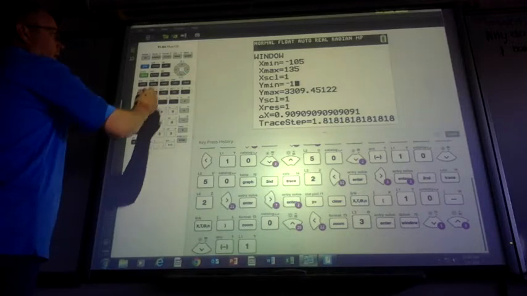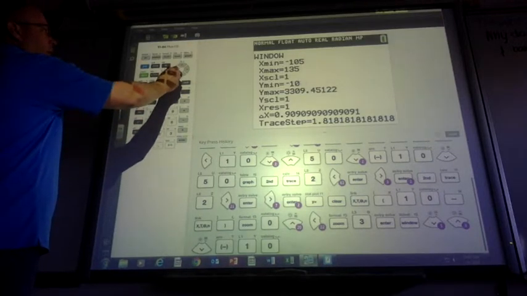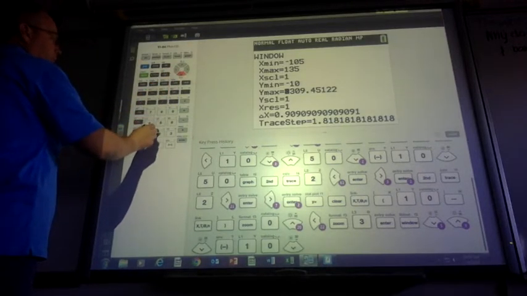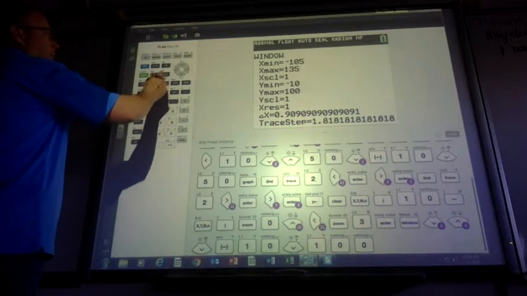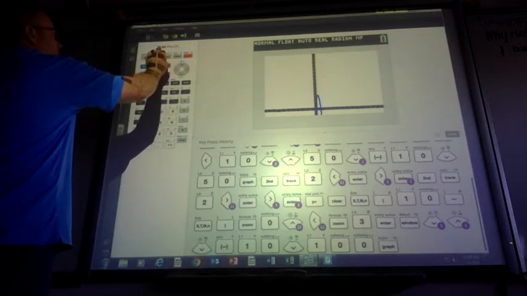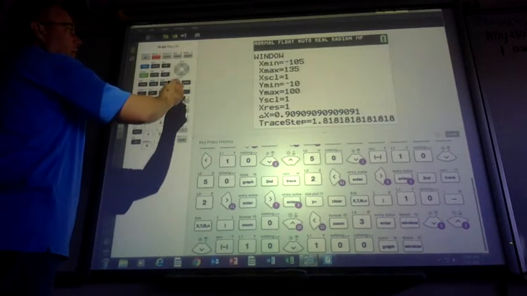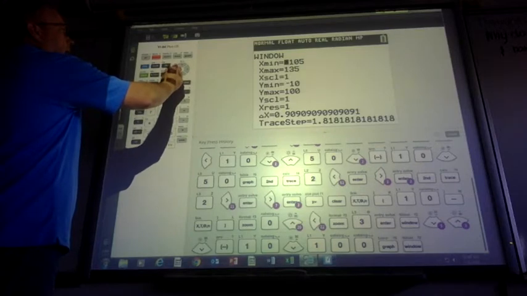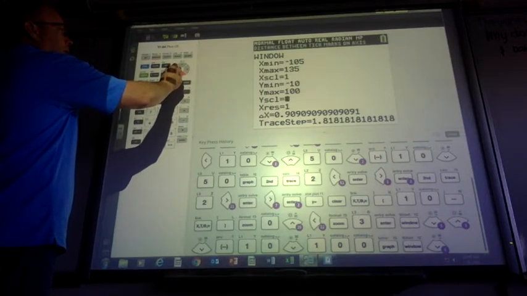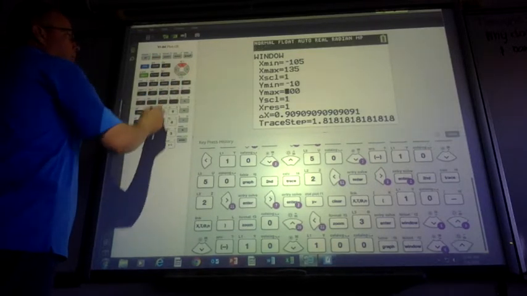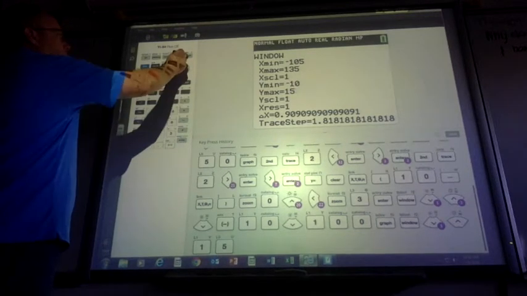Negative 10. Y maximum, 100 maybe. Graph. This might look a little better. I don't need to go so tall. I'm going to change my window again. I don't need that tall in my y direction. Let's go with, I don't know, 15. Graph.